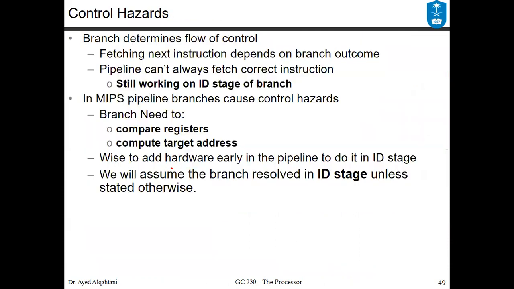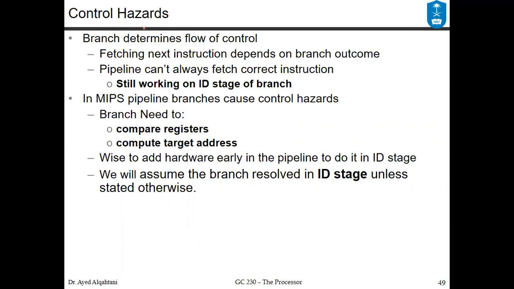Okay. Now for the control hazard. Up to this point, we discussed the structural hazard and also the RAW, WAR, and WAW dependencies and the hazards caused because of them. Now we want to discuss the control hazards. This comes from the branch instruction.